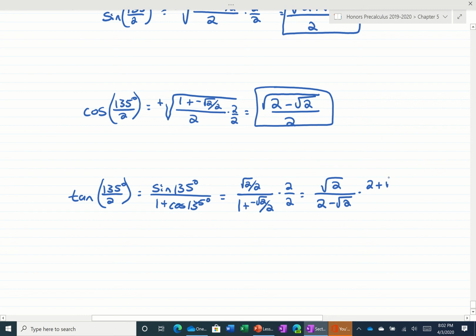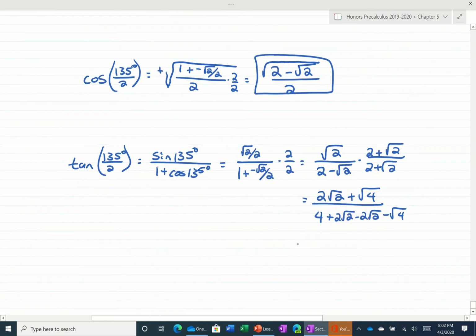So this would be 2 plus root 2 over 2 plus root 2, which gives us 2 root 2 plus root 4 over, this would be 4 plus 2 root 2 minus 2 root 2 minus the square root of 4, which is 2 root 2 plus 2 over 4 minus 2 is 2. And if we divide, we get the square root of 2 plus 1. Usually we would put the square root at the end here. So this is what this answer would be.